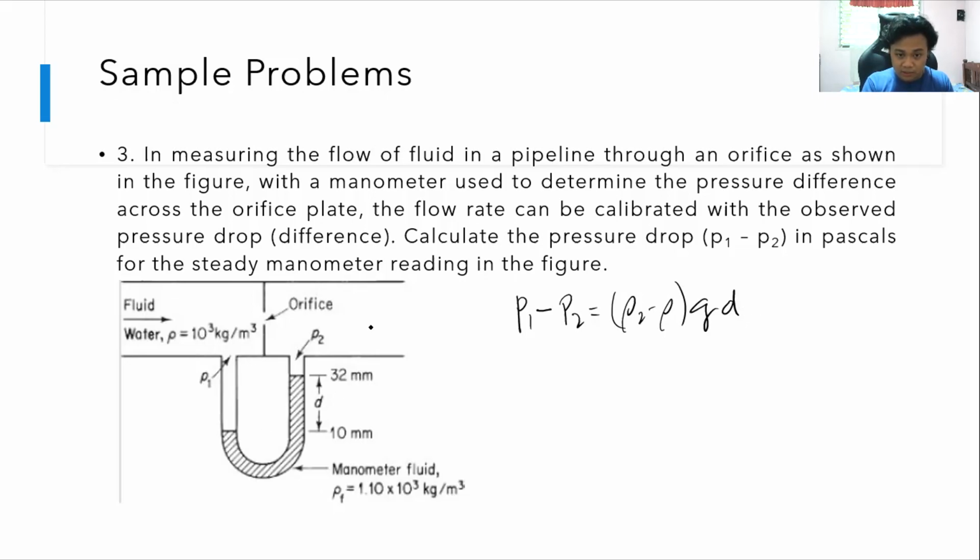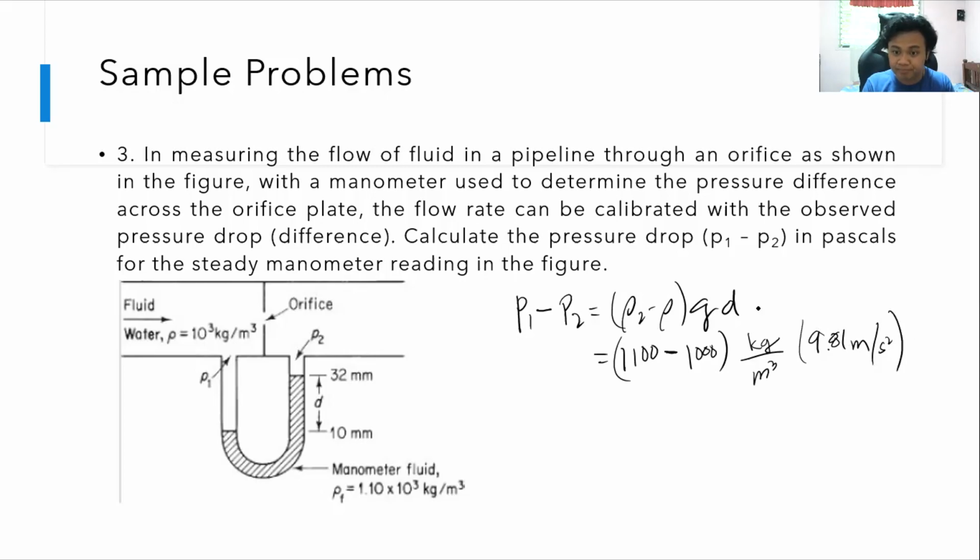So we have the rho 2, which is the fluid in our manometer, which is 1100. And then we have the density of our water, which is 1000. So this is in kilograms per cubic meter. And then we have our G, the acceleration due to gravity, equal to 9.81 meters per square second.